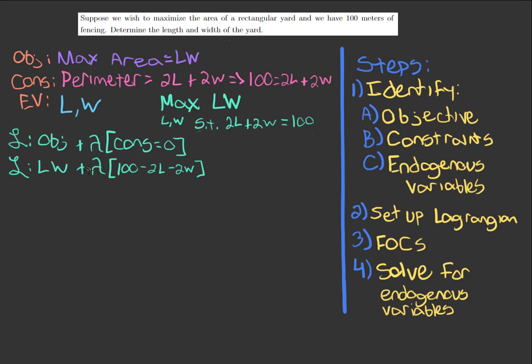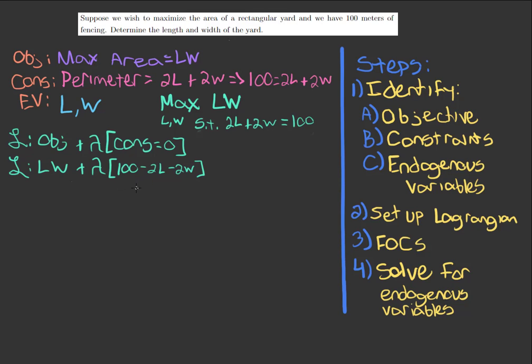When I first started dealing with Lagrangians, I was always confused as to whether to put a positive or a negative in front of the constraints, or if it mattered whether I wrote 100 minus 2L minus 2W or 2W plus 2L minus 100.